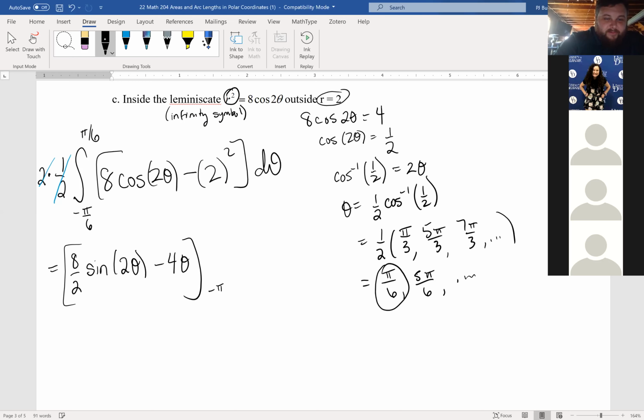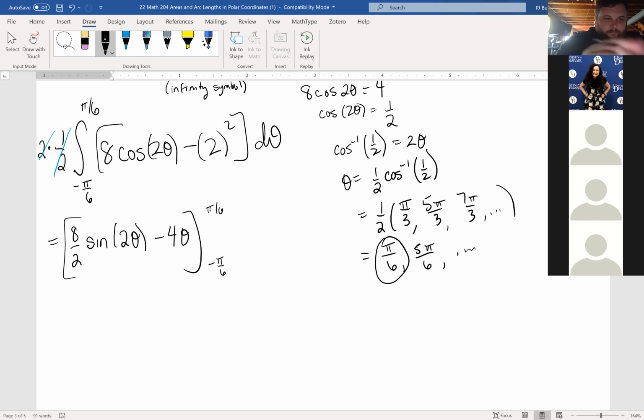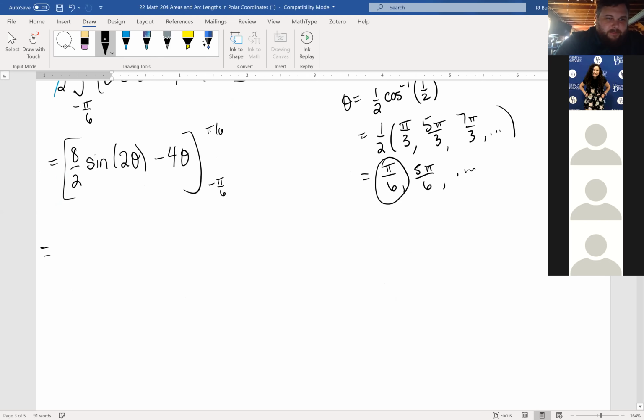From negative pi over 6 to pi over 6. So they both have a 4 in common. I'm just going to pull that out. So then we have sine 2 pi over 6. And plug in for the second part.